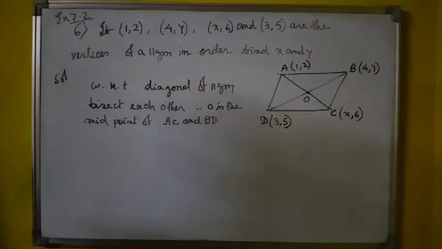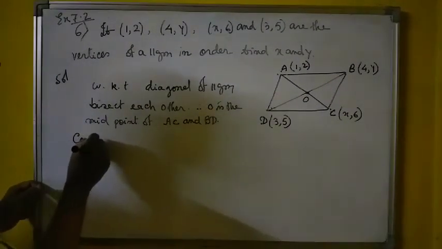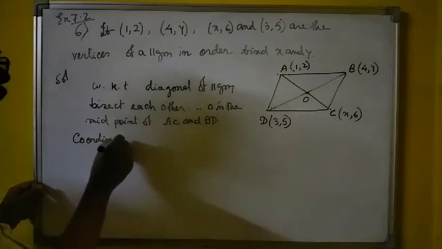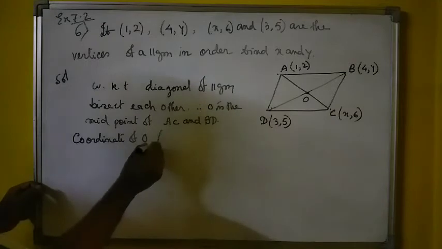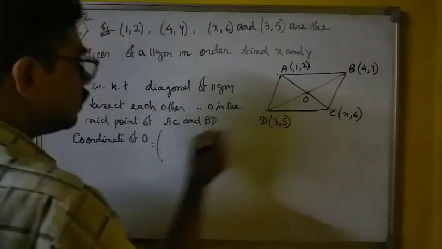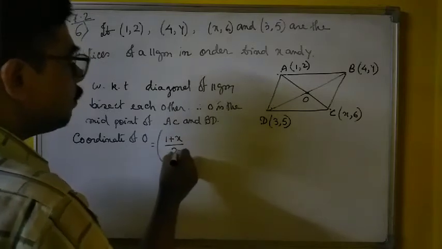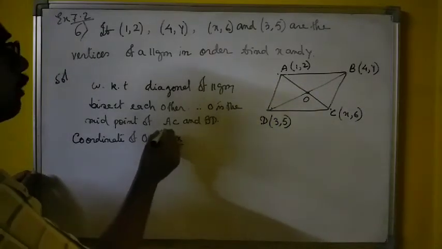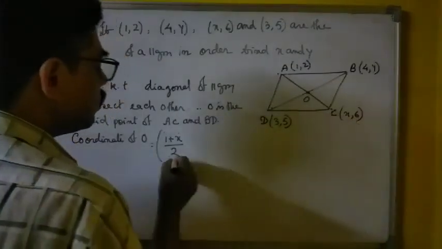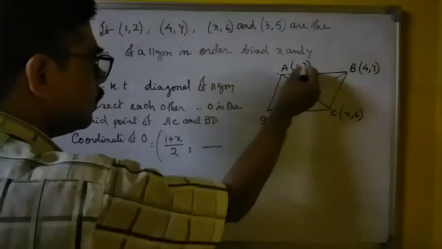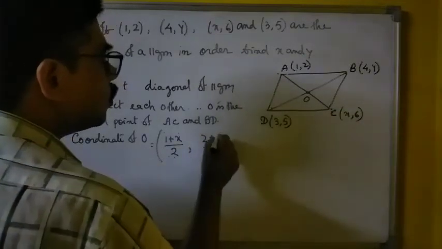So see here, the coordinate of O: either from AC using the midpoint formula, (x1 plus x2)/2, and then (y1 plus y2)/2.